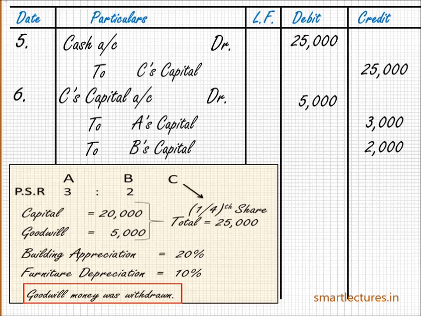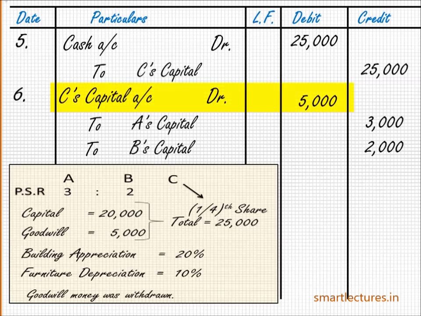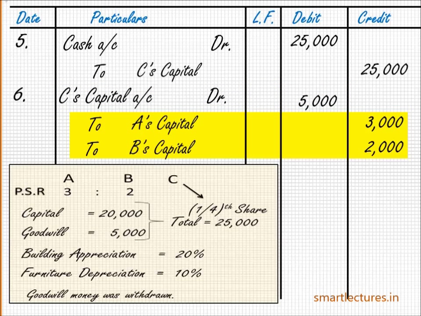You know, C has brought rupees 5,000 and this 5,000 has been transferred to A and B's capital account. So A has got 3,000, B has got 2,000, and they withdrew the goodwill money. What it means? Whatever they have got on account of goodwill, that money has been taken by A and B.